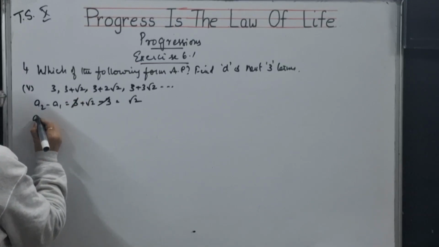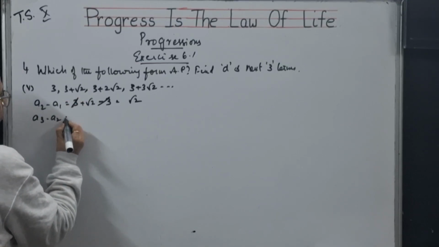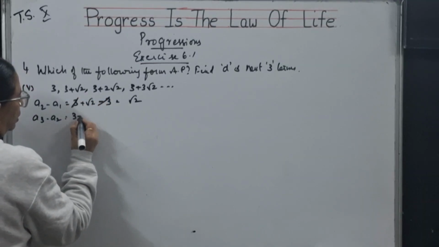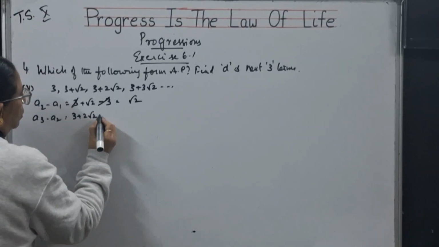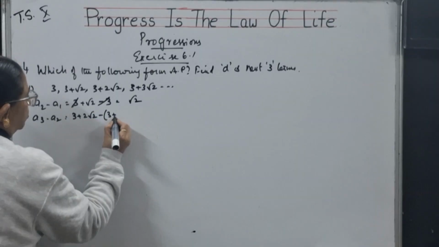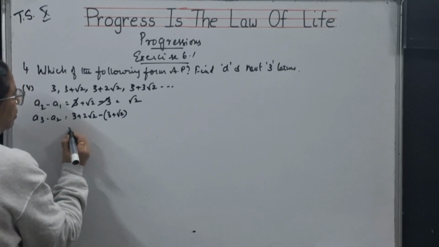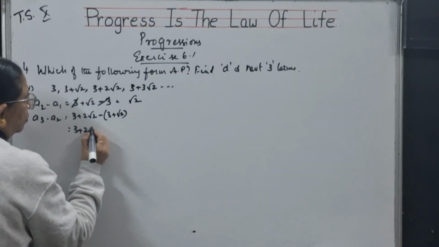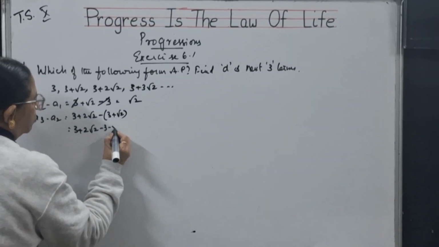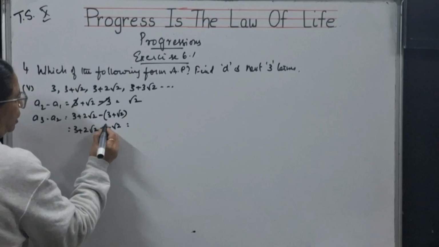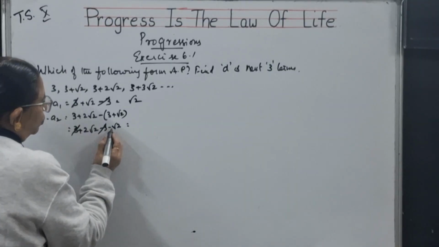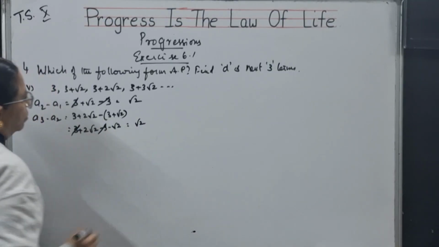Now a3 minus a2. a3 is 3 plus 2 root 2 minus of 3 plus root 2. This means 3 plus 2 root 2 minus 3 minus root 2. So 3 and 3 will get cancelled. 2 root 2 minus root 2 is root 2.